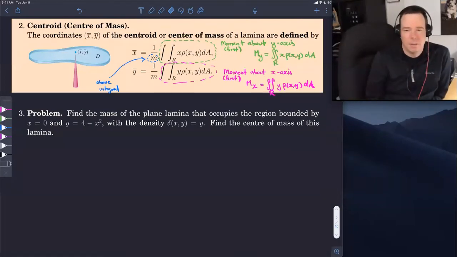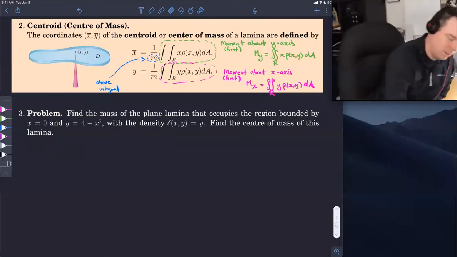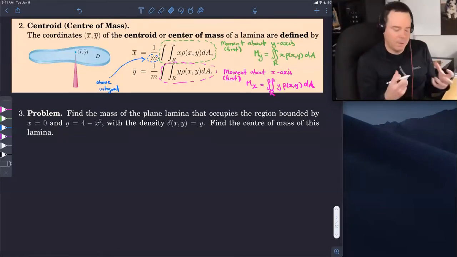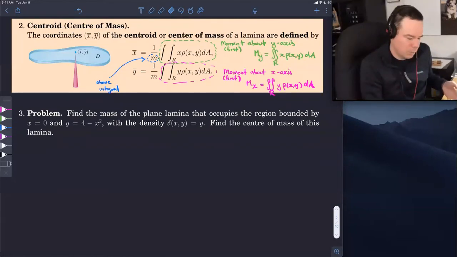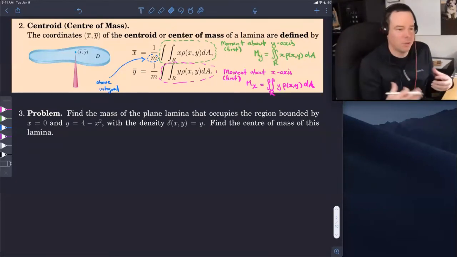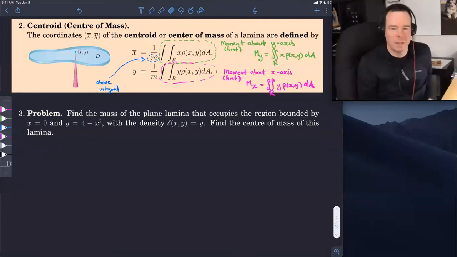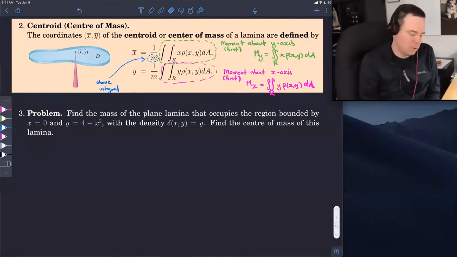And the second moment, or the moment of inertia, is a measurement of the rotational analog of mass. So the quantity that tells you how your rotational acceleration is going to change under a given torque.